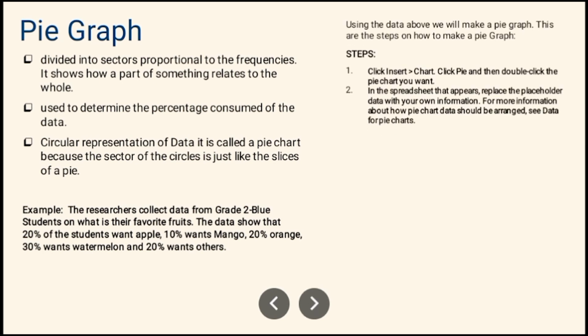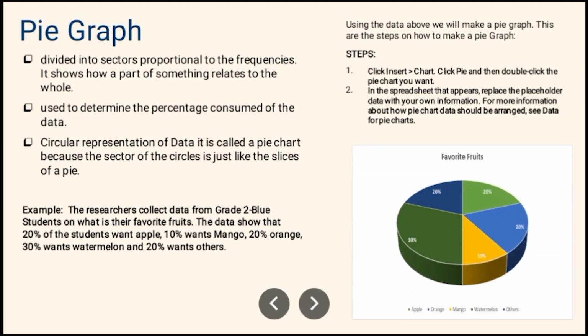So using the data above, we will make a pie chart. These are the following steps. Click Insert, look for Chart, click Pie Chart, and then double click the pie chart if you want. In the spreadsheet that appears, replace the placeholder data with your own information. So this is an example of a pie graph.